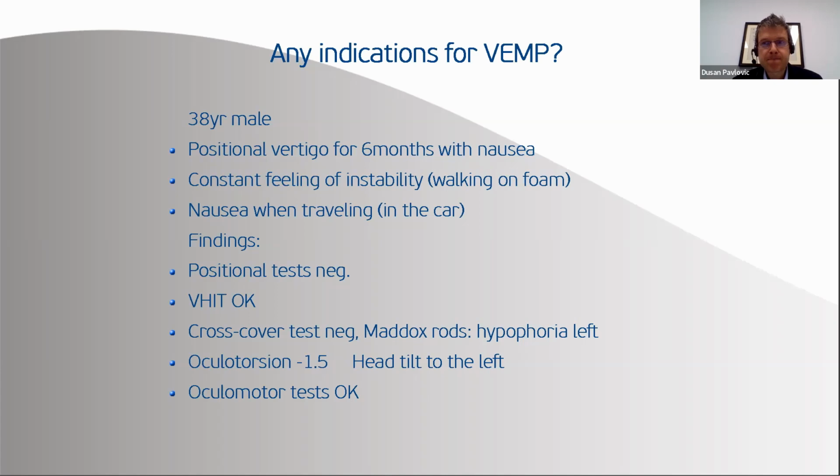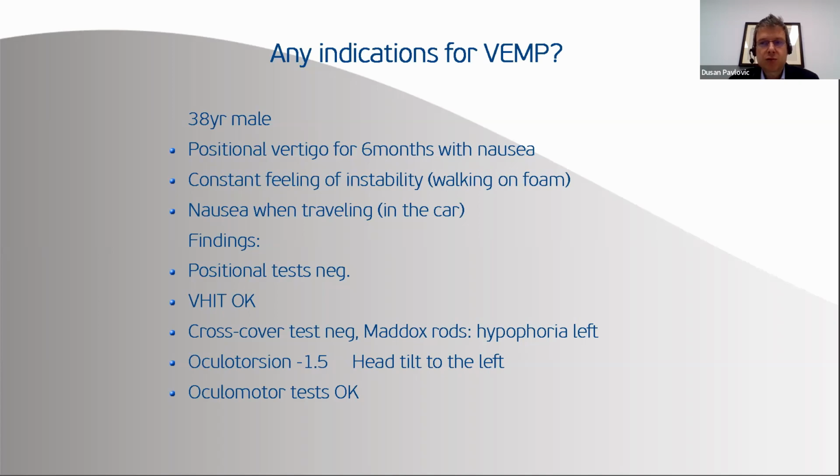But he had, on a Maddox chart, some kind of hypophoria of the left, where we measure vertical symmetry of the bulbi, some kind of ocular torsion to the left, and a slight tilt of the head to the left. So we can say that he has an ocular tilt reaction to the left side, but not in pathological values.